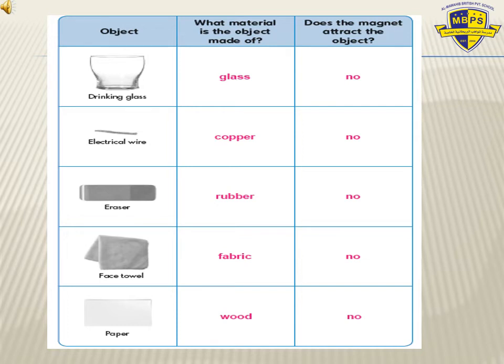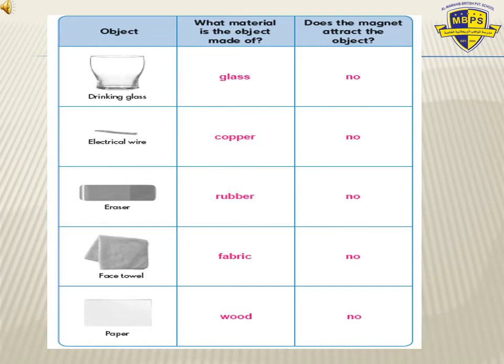The first one is the drinking glass. It is mentioned as glass, so we can write they are made of glass. But do you think it will attract? No, it will not attract. Electrical wire. A few may be confused about the answer, but the correct answer is that it's made of copper.